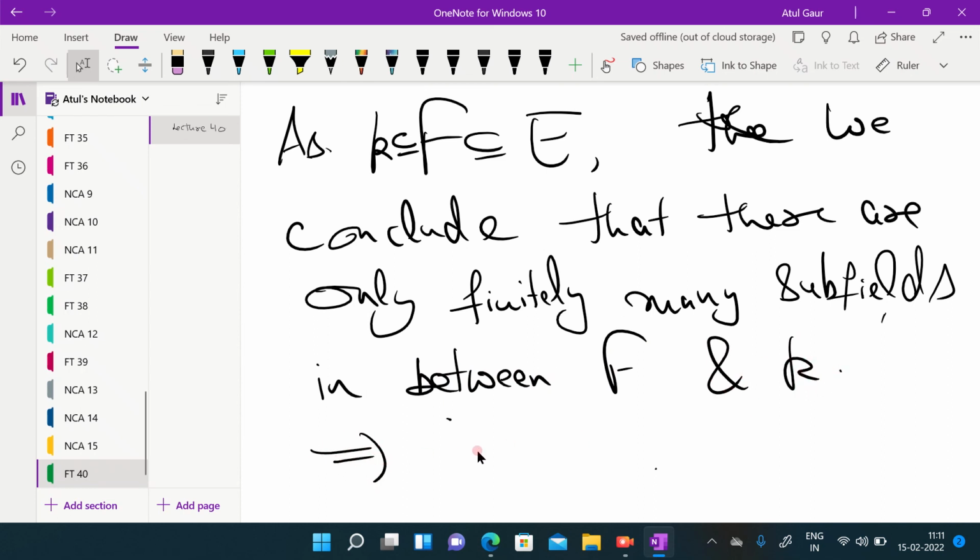And that means F is a simple extension by the previous result.